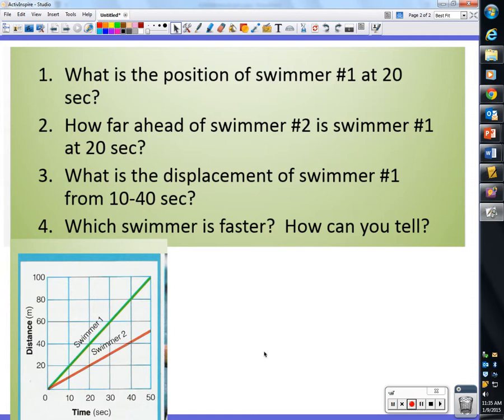So let's talk about these 4 questions. Question number 1, what is the position of swimmer number 1 at 20 seconds? How many of us wrote this?